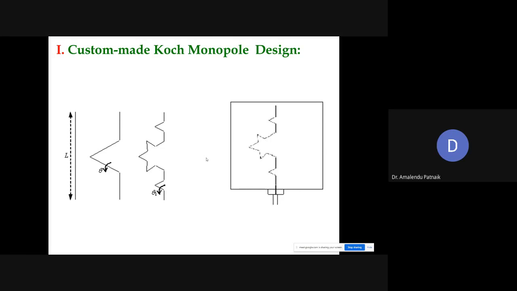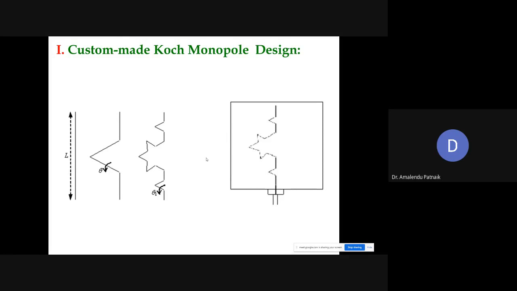See, for example, if one frequency is coming at, suppose, 2 gigahertz, another frequency is coming at 4 gigahertz, the third frequency is coming at 6 gigahertz, right? But we don't need that 4 gigahertz frequency. Suppose I need a 4.8 gigahertz frequency, so I can't use that classical fractal antenna.